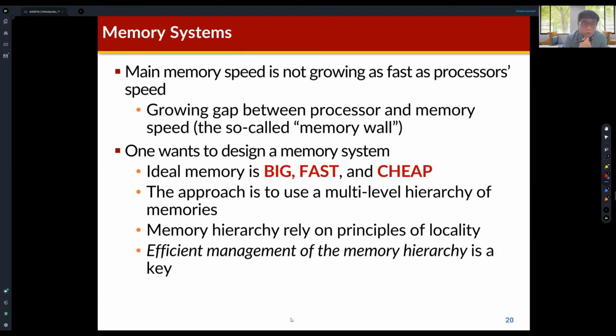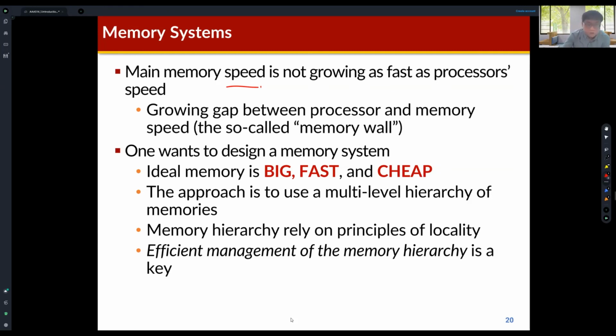It's about 1 point something gigahertz, right? So main memory speed is still slower than the clock frequency of processors, meaning the memory is slower than the processor.